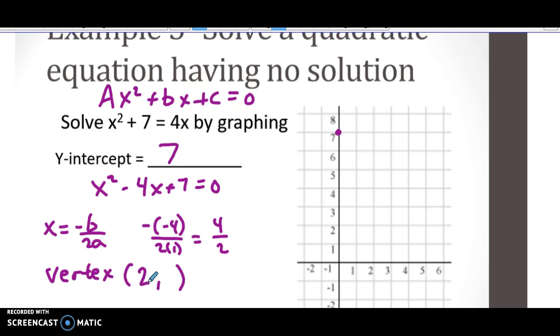So that's my x-coordinate. I substitute this back into my equation to find the y-coordinate of my vertex. So if I put 2 in here, 2 squared is 4, minus 4 times 2, which is 8, and then plus 7. So 4 minus 8 is -4, plus 7 is 3. So my vertex is over 2 and up 3.